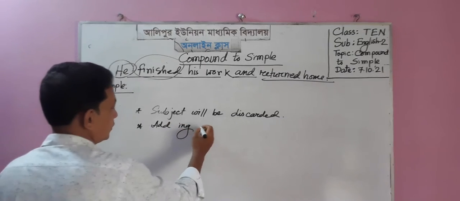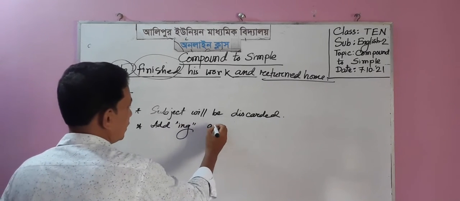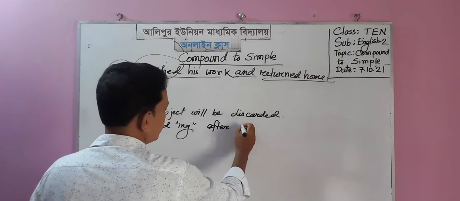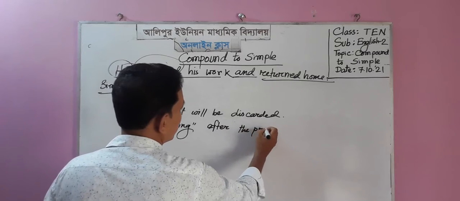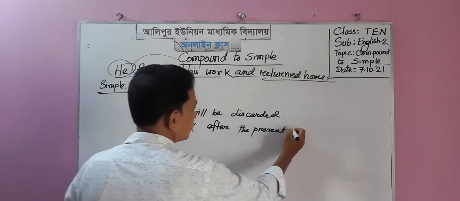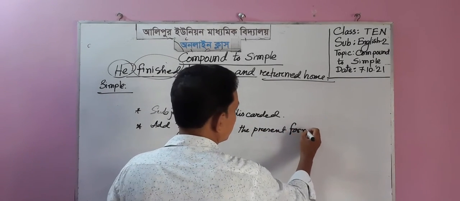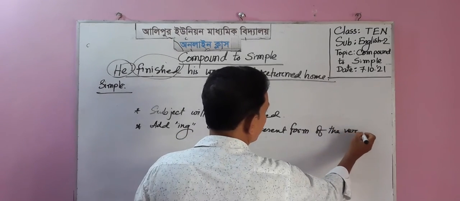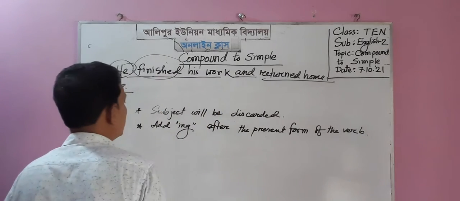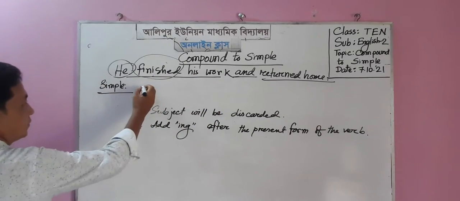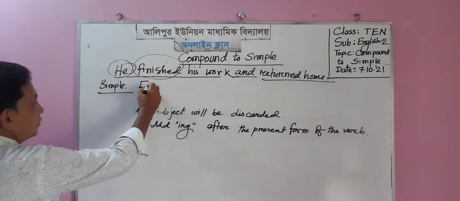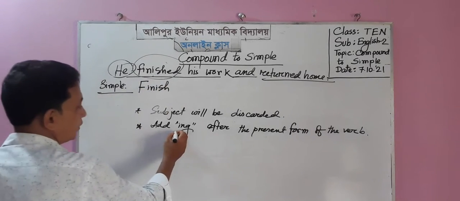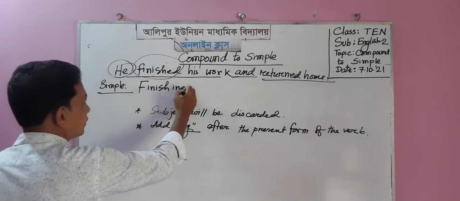Add ing after the present form. So at first we may write finish, the present form, and after finish we have to add ing: finishing.